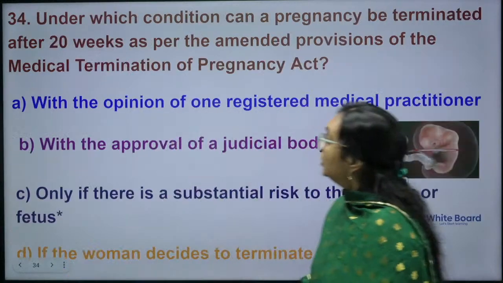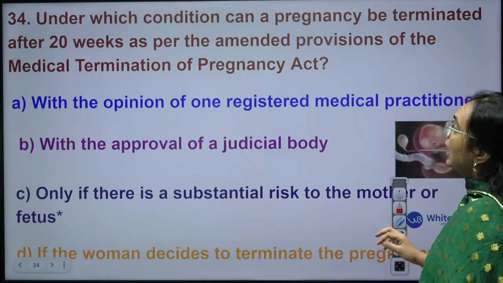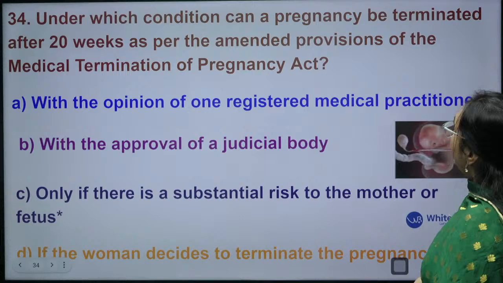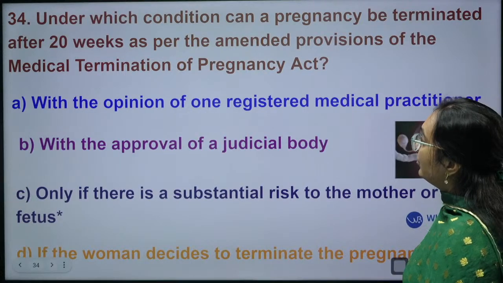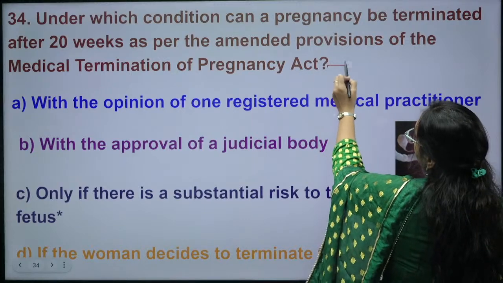Next one. Under which condition can a pregnancy be terminated after 20 weeks, as per the amended provisions of the Medical Termination of Pregnancy Act? Amendments were made in 2021.